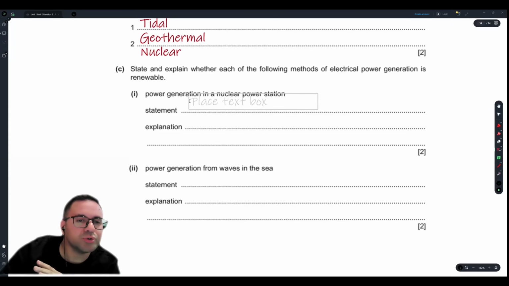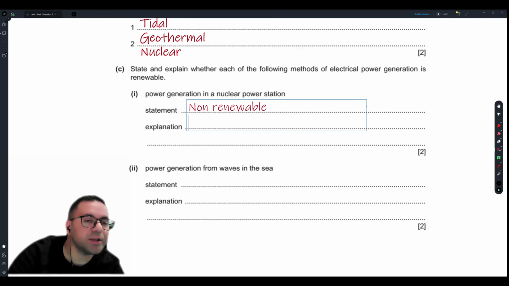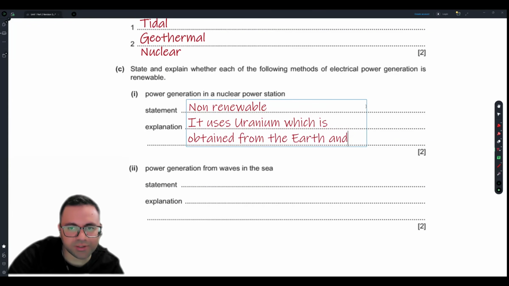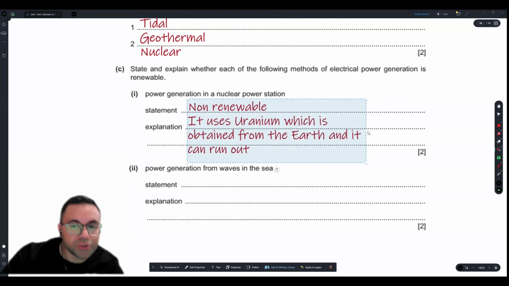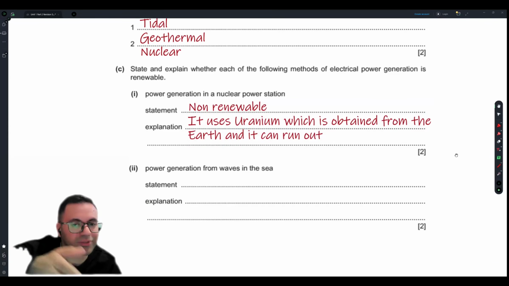Oh, nuclear is non-renewable. Why? Because it uses uranium, which is obtained from the earth, and it can run out. So the fuel that we use, if you forget uranium, you can just say the nuclear fuel that is used comes from the earth and it can run out.